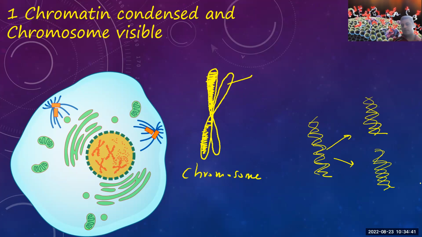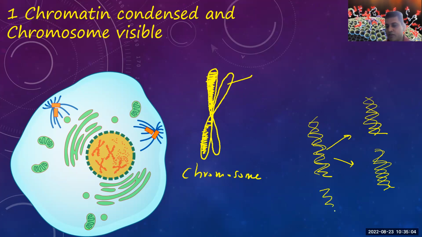But in S phase, when they make two DNA molecules, they don't separate from each other. They copy, but they don't separate. What does it mean?